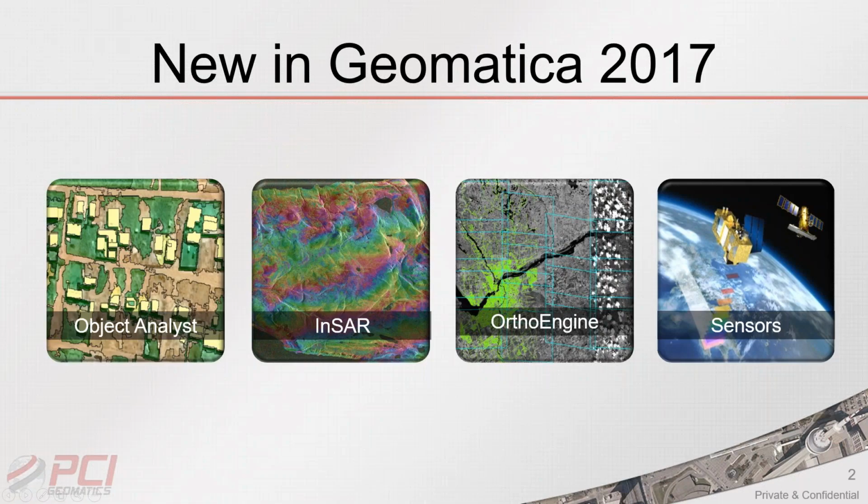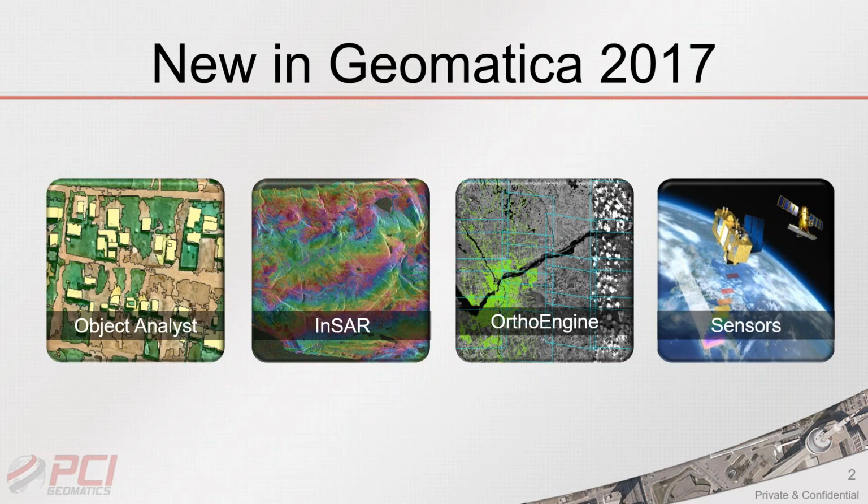The key things that are part of the Geomatica 2017 release are listed here. As you can see, we have two brand new modules that address key concerns in Earth observation, key application areas, and image analysis. The benefit of 2017, or the addition of these two modules, brings Geomatica back into the realm of performing advanced analysis on images.